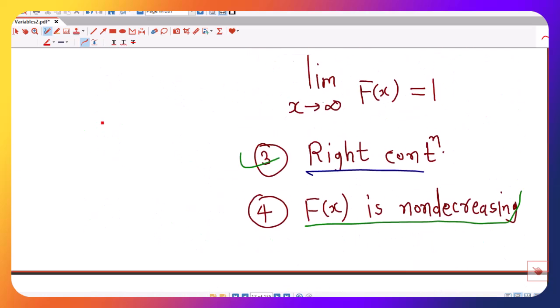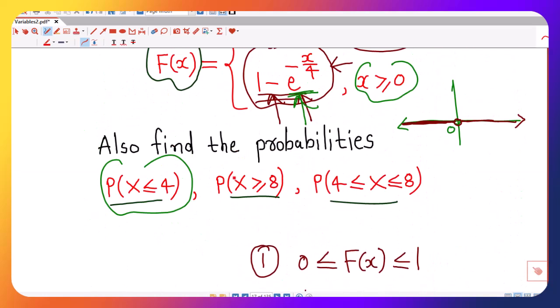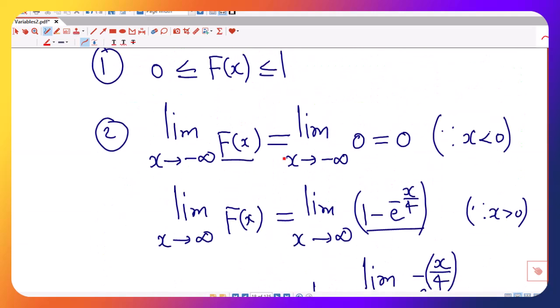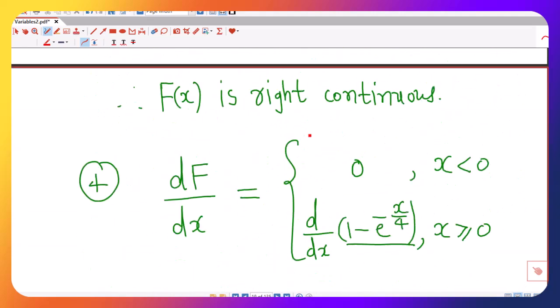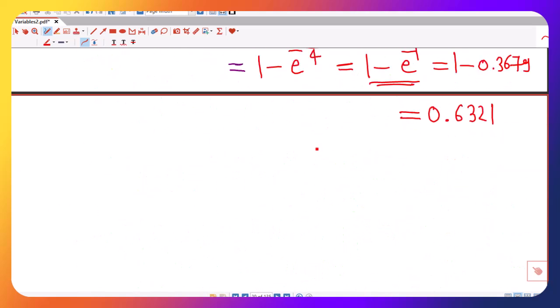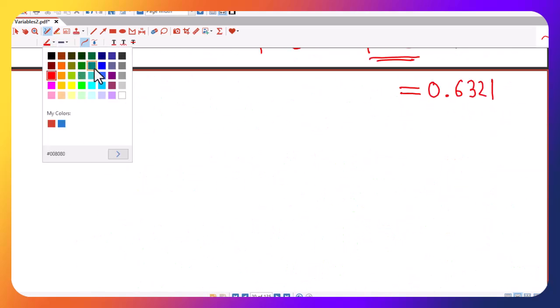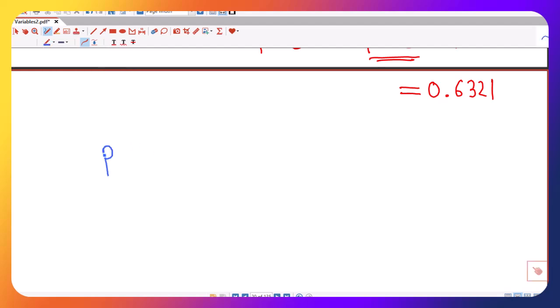Second probability is the probability that capital X is greater than or equal to 8. So let's try to find out that probability using the CDF. We have to find the probability that capital X is greater than or equal to 8.